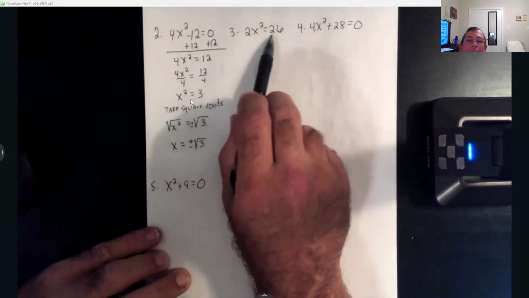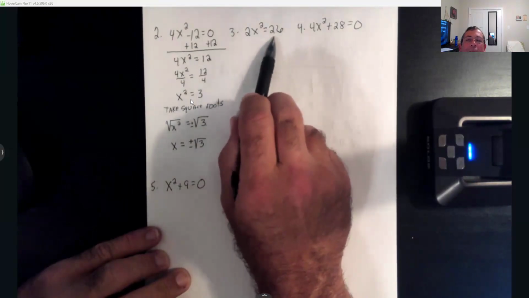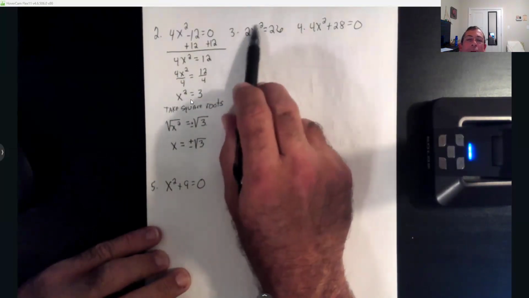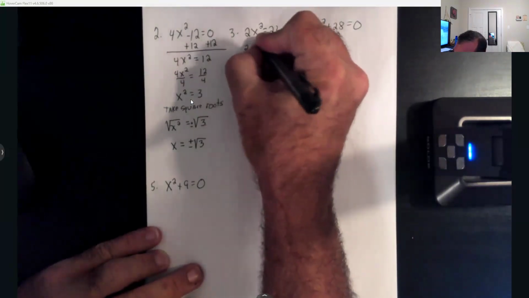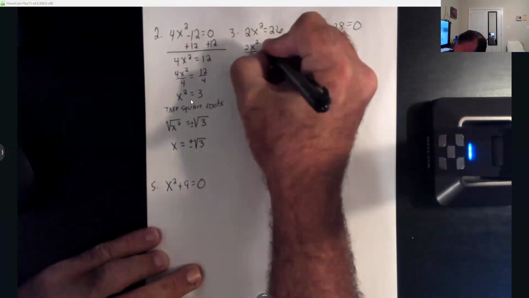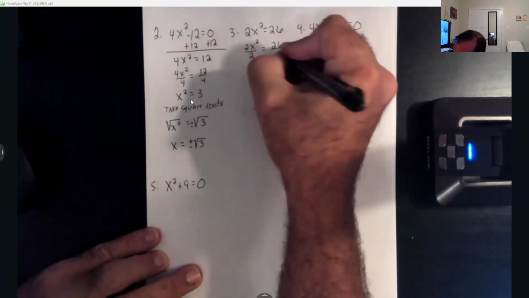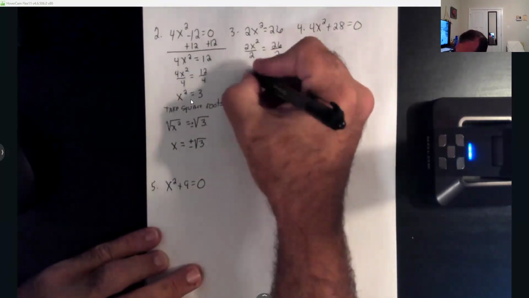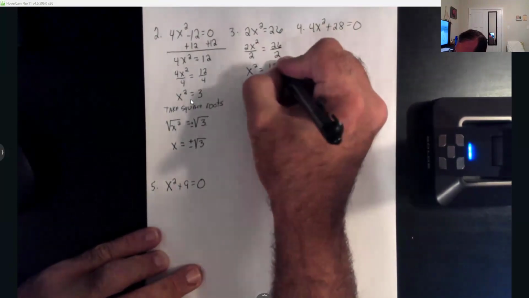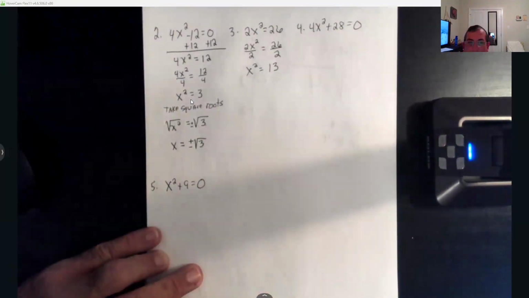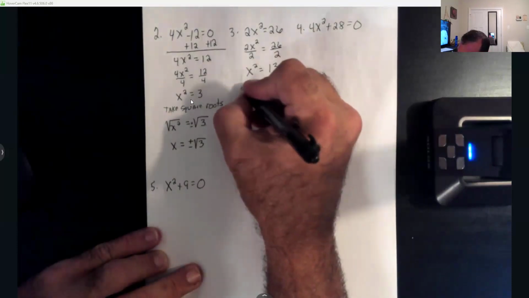All right, y'all, look at this. 2x squared equals 26. x squared's over here by itself, so we're going to start out by dividing by 2. So that cancels. I get my x squared. 26 divided by 2 is 13. Next, square root both sides.